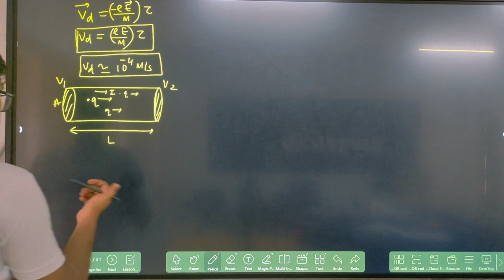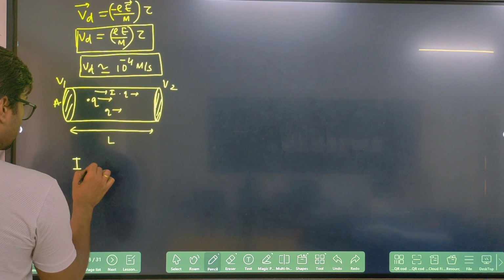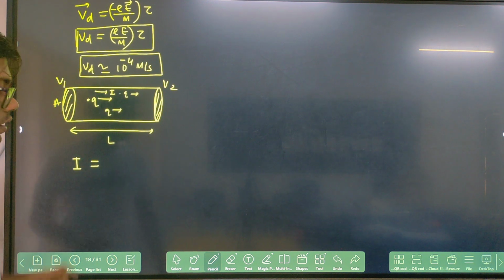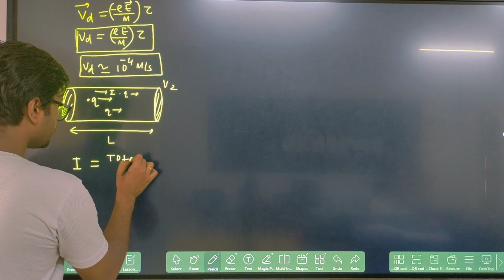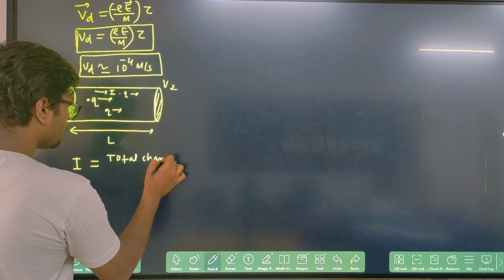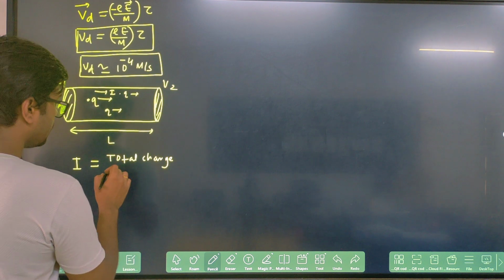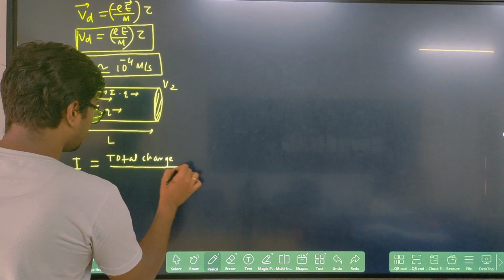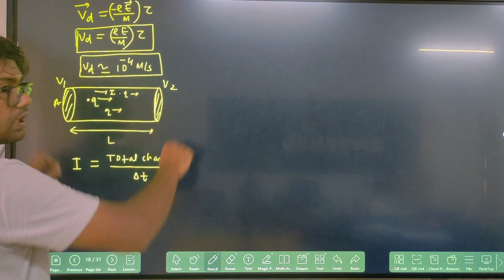So I know that current can be defined as the total charge flowing through this conductor divided by the time taken by the charge to flow through this conductor, right?